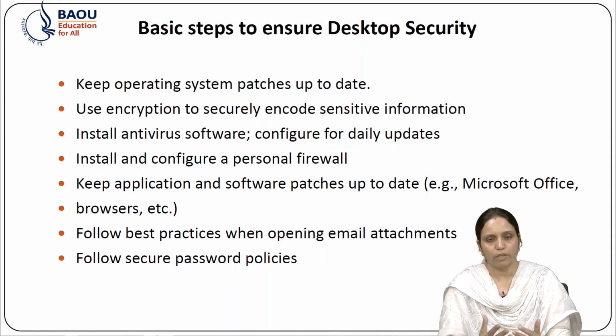During installation of the antivirus software, you are required to set the daily updates, so you can also set a reminder for that. Install and configure a personal firewall. Keep application and software patches up to date, for example Microsoft Office and everything else, and the different types of browsers, whichever you are using.